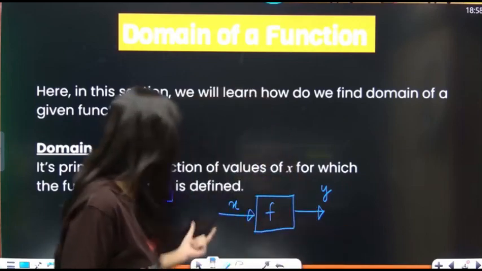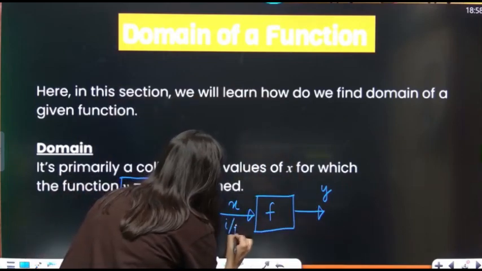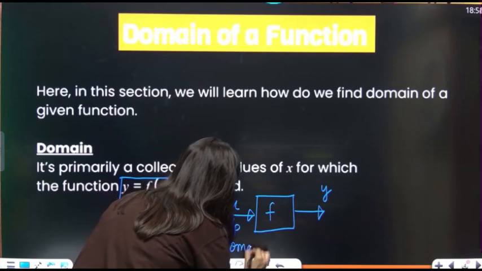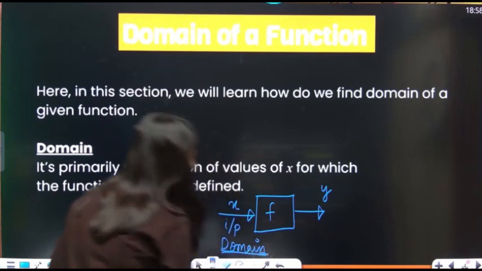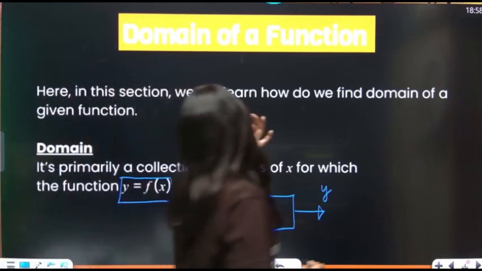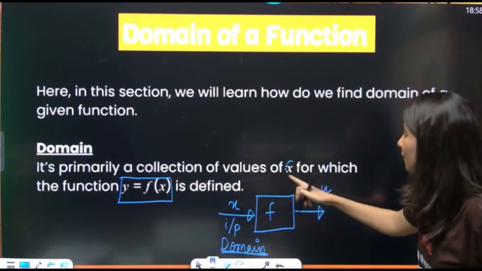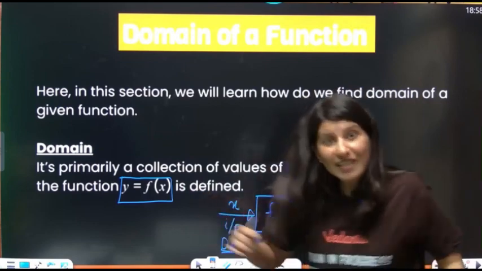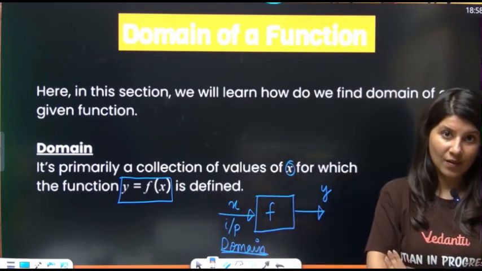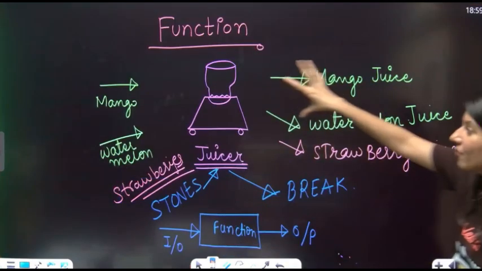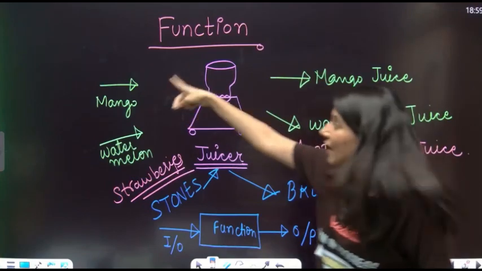So how to know? Now this x input is nothing but the domain. Now I will tell you the definition of domain. Domain is primarily a collection of values of x for which the function is defined. So in the domain of this function, mangoes are allowed.